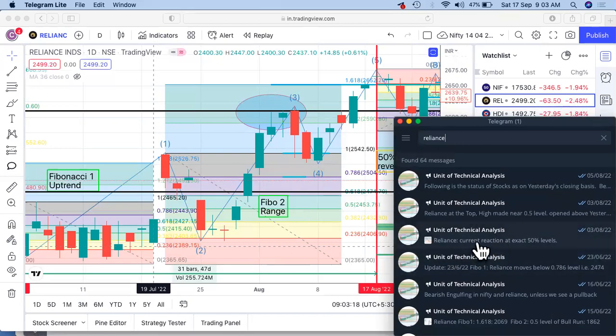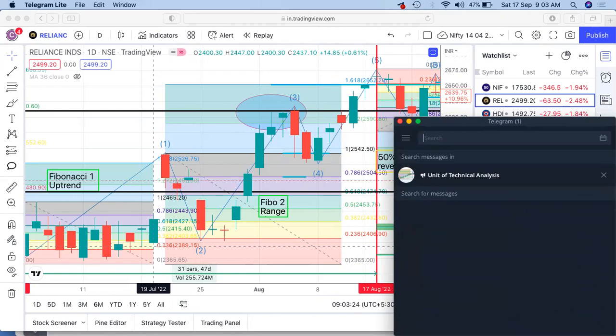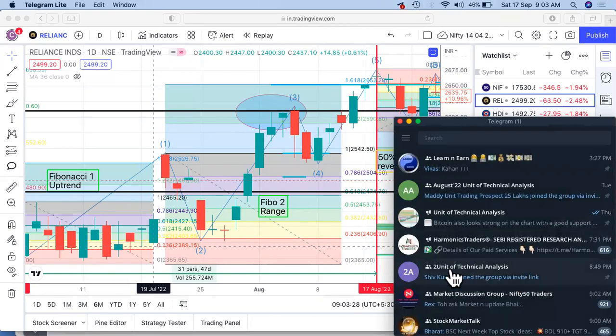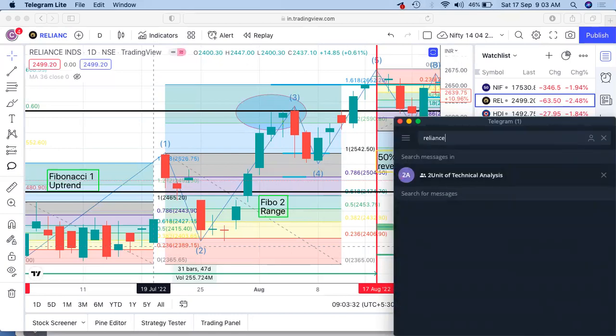Lines, correct reaction at 0.5. Probably not able to get it, but as per my understanding, it had already been given. Let me see in the other group. 3 lines.